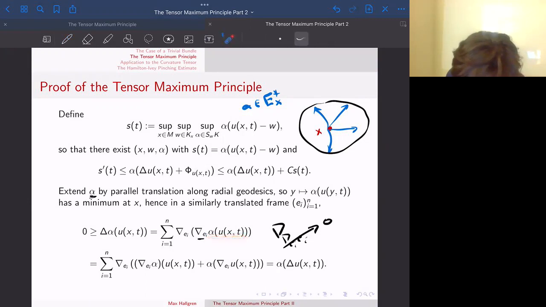this term, we get our connection applied to alpha and our connection applied to u. And then we still have another derivative, which we're taking. Okay, and so what happens here is we get a second derivative. I'll deal with that term last. So e_i differentiates alpha, but we parallel translated alpha along radial geodesics.